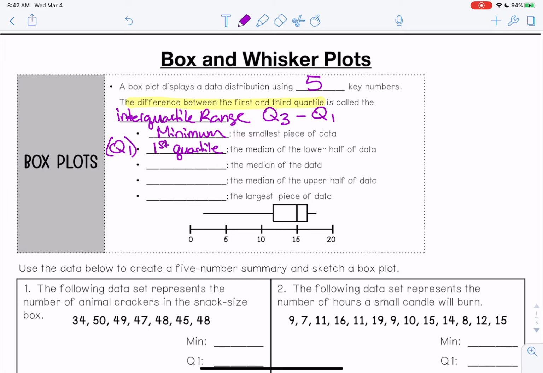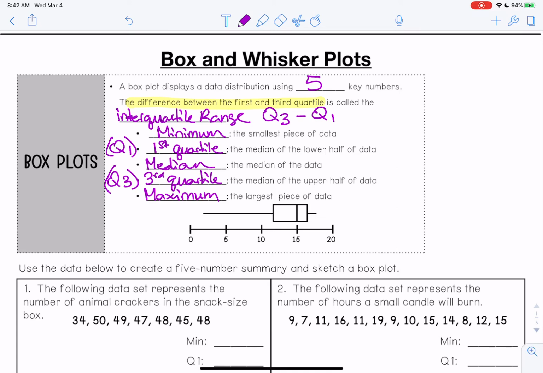We use Q1. The median of all of the data is called the median. The median of the upper half of the data is our third quartile, and we use Q3 to represent that. And then the largest piece of data we call the maximum.